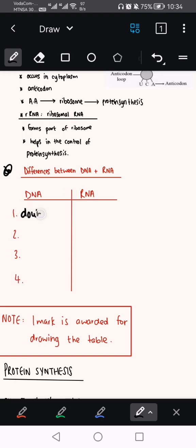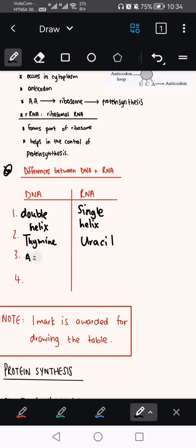DNA is a double helix, first of all. RNA is not a double helix, it is single helix, or single stranded. You can also say double stranded and single stranded. DNA contains thymine as a nitrogenous base, whereas RNA contains uracil as a nitrogenous base.